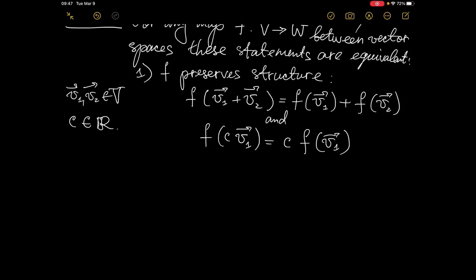Really, it's not necessarily real, but as I said in the very beginning of this course, we will limit ourselves to real scalars for the course. Of course, it can be complex. Statement 2: F preserves linear combination of two vectors.